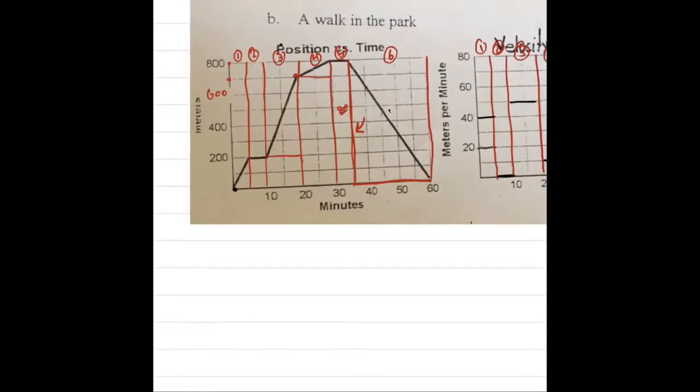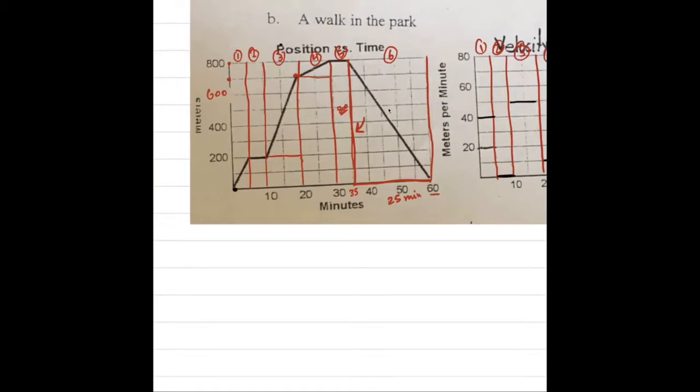And the time taken to do that was 60 minus, we run into the same thing. Be careful when you read the marks. 35 right here, so 60 minus 35, that's 25 minutes.